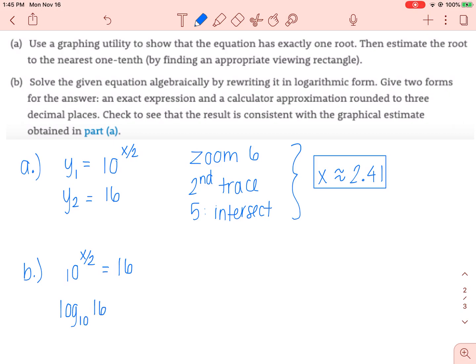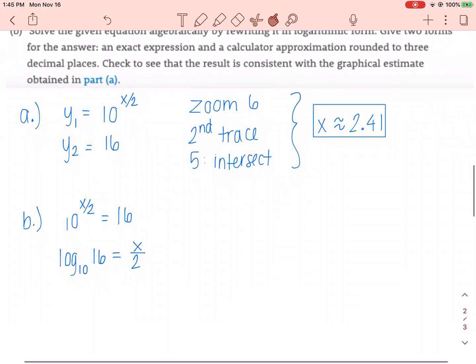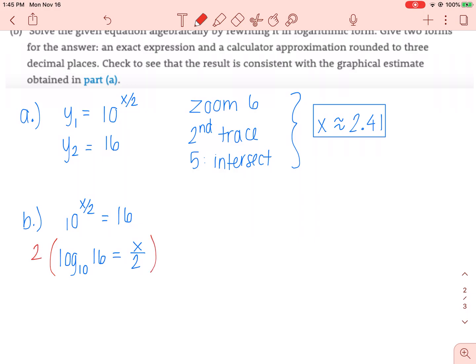Argument 16 is going to equal x over 2. Now my goal is to get x by itself. So realize all I need to do to get x by itself is multiply everything by 2, and then x will be by itself. You'll have x equals 2 log base 10 of 16.